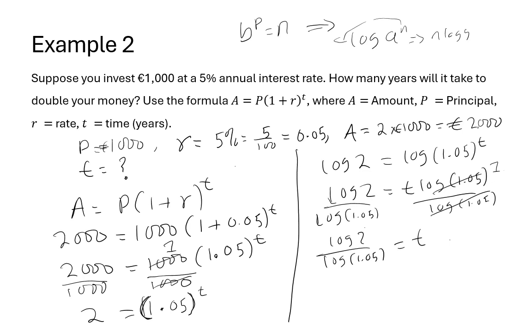If you put log 2 divided by log 1.05 in your calculator, you'll get around 14.2, which is equal to t. So our t is equal to 14.2 years. It's approximately 14.2 years for you to get your money to double.